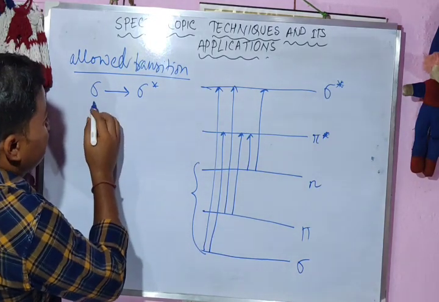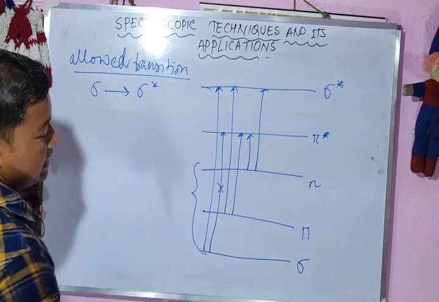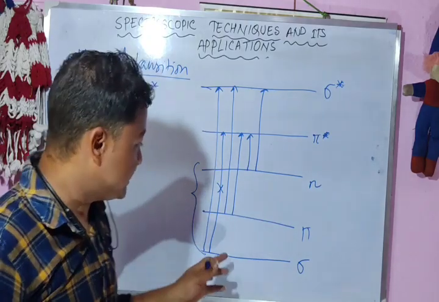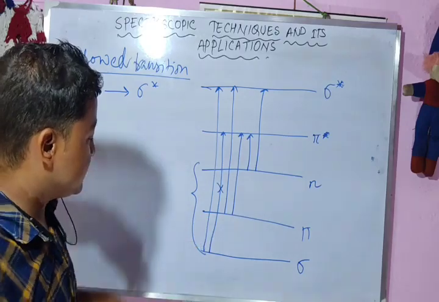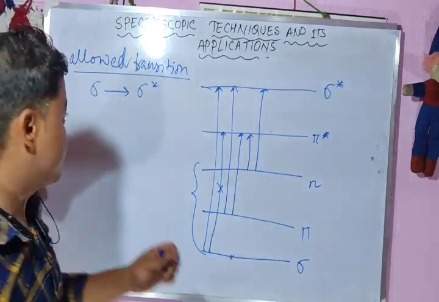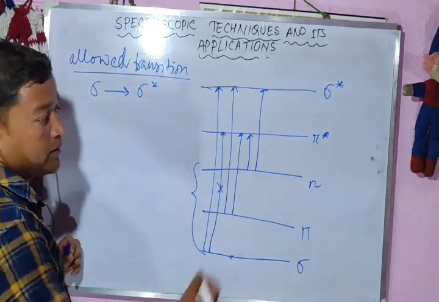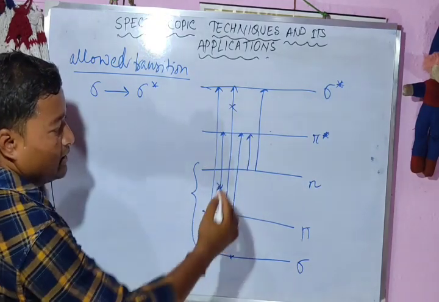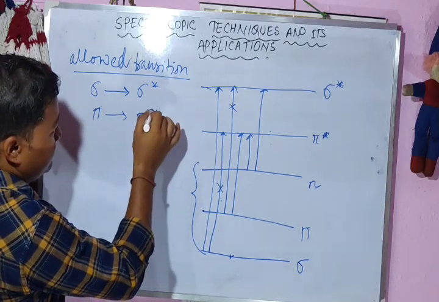And sigma to pi star transition is not allowed because it is symmetry forbidden. It does not follow the symmetry rules because the symmetry of the sigma orbital and the symmetry of the pi orbital are different. So the sigma to pi star transition does not occur. It is a forbidden transition. And pi to sigma star also does not occur. Pi to pi star occurs. It is an allowed transition.